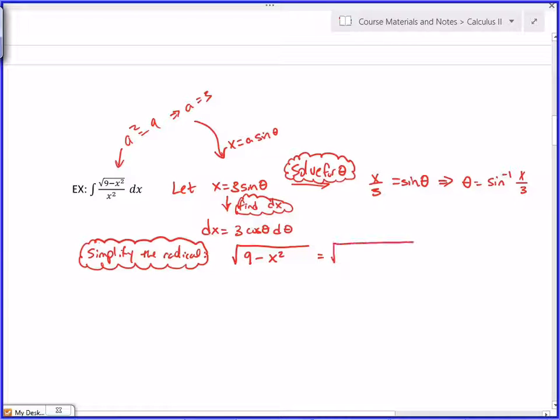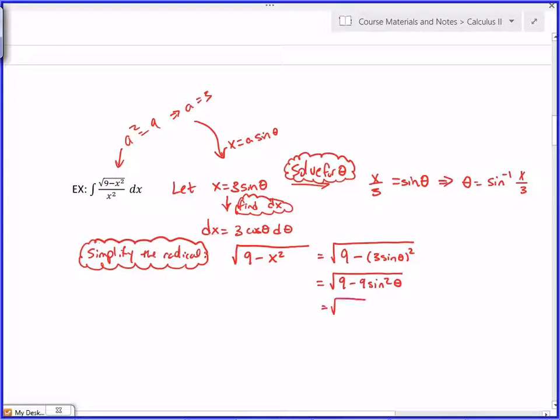That's square root of 9 minus 3 sine theta squared, which is square root of 9 minus 9 sine squared theta. You see what I'm doing? I just plugged in for x, my substitution.